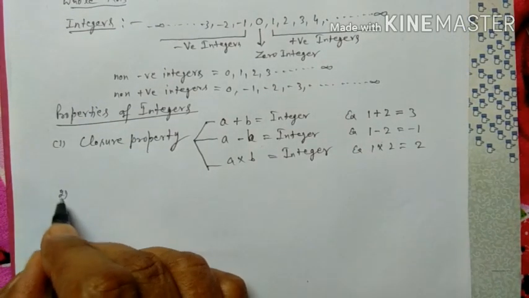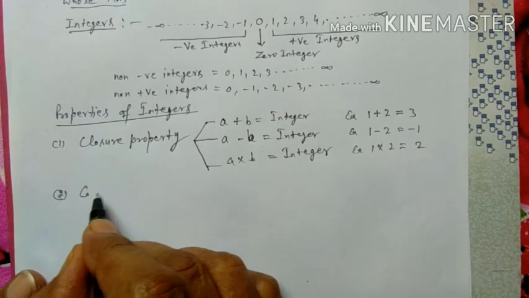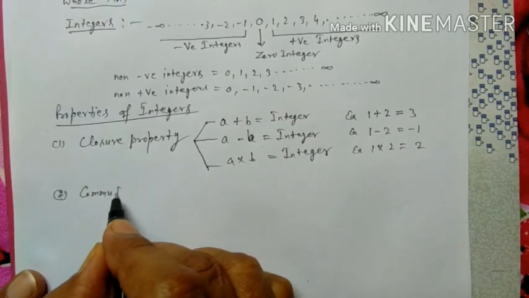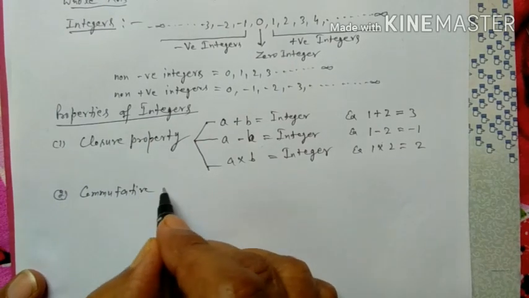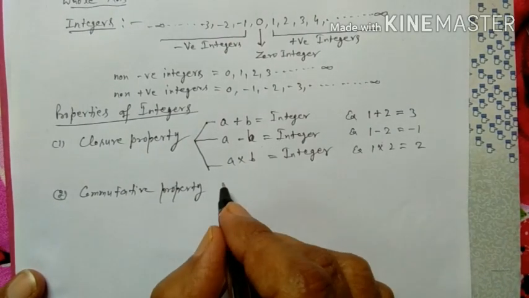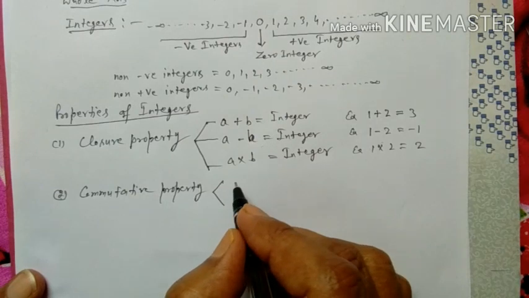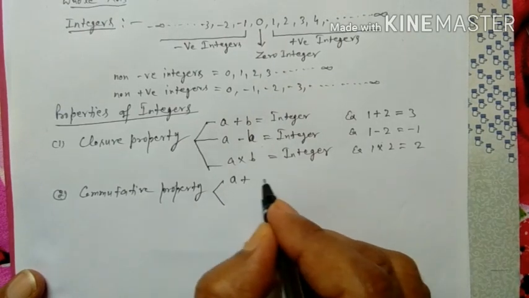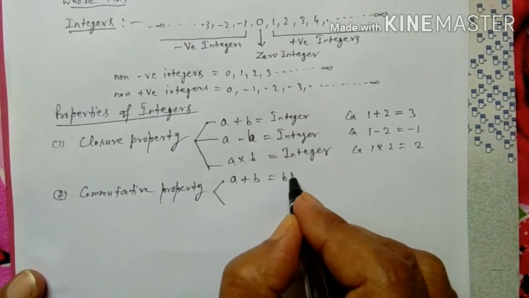And the second property is the commutative property. Commutative property holds for addition and multiplication. A plus b equal to b plus a.